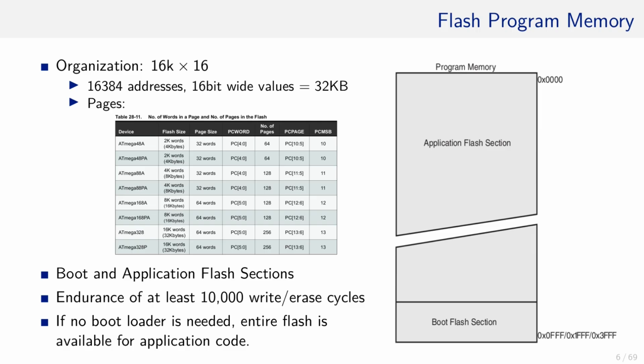For instance, the flash of the ATmega 328P used in the Arduino consists of 256 pages, each consisting of 64 words. Remember, one word is 16 bits or 2 bytes in size. This is important to know, since if data is stored in the flash, the entire page is to be rewritten. Hence, the flash is not byte or word writable.